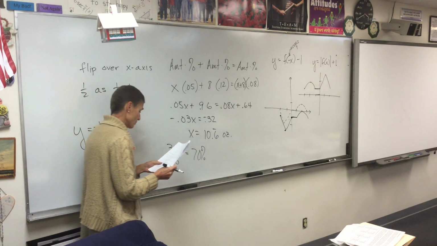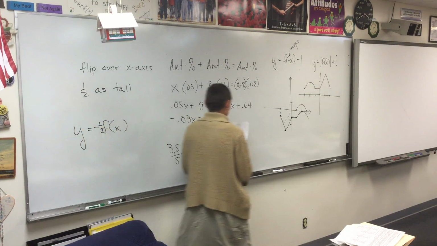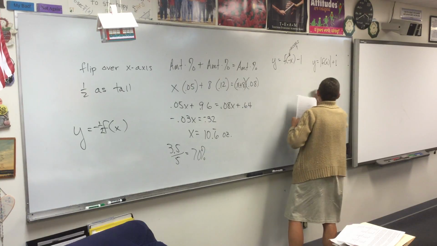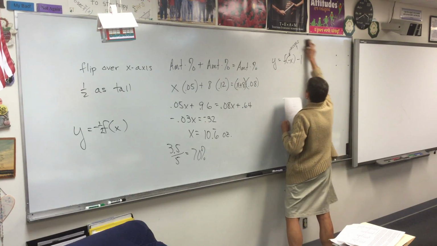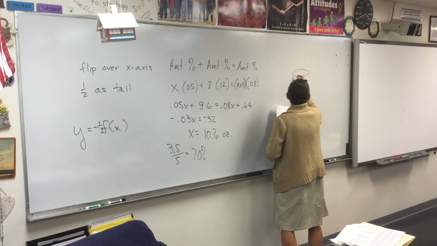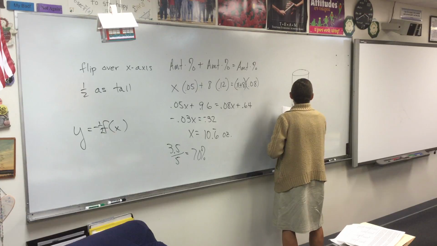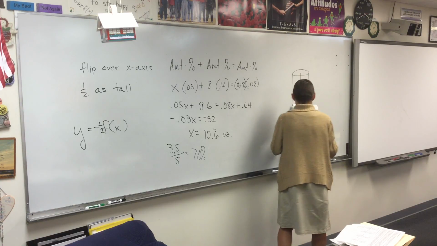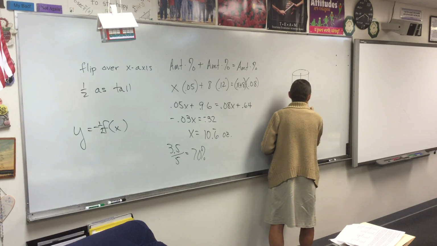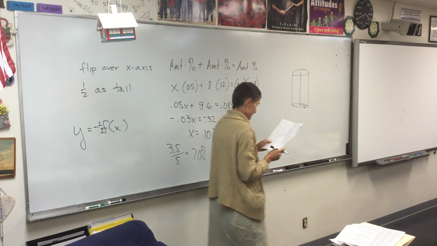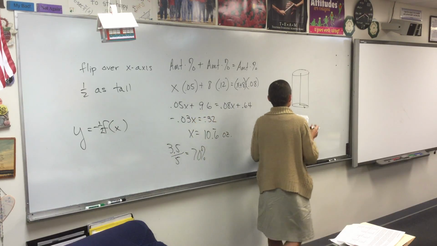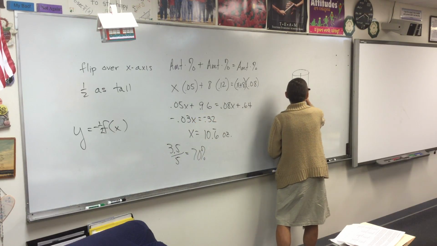And finally, a cylindrical tank has a diameter of 12 feet. Okay, so a cylindrical tank, so that's a cylinder. Here's my cylinder. And it has a diameter of 12 feet, which means the radius is 6. The water in the tank is 6 feet deep.